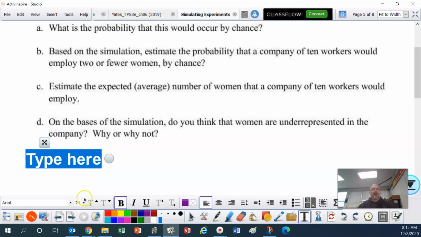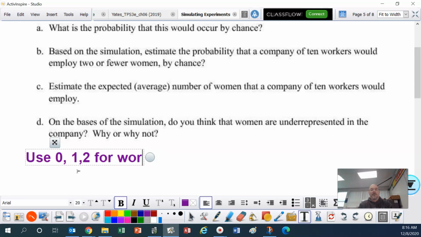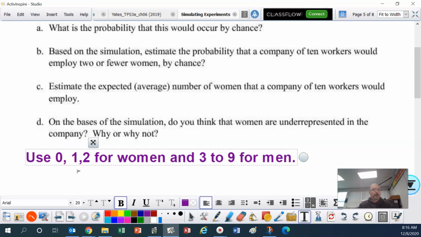I'm going to use 0, 1, 2 for women and 3 to 9 for men.